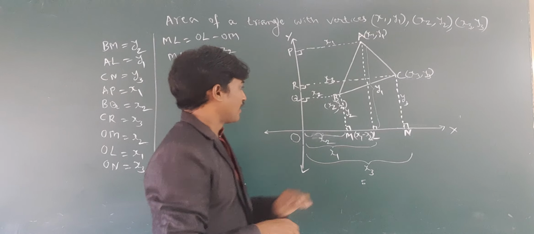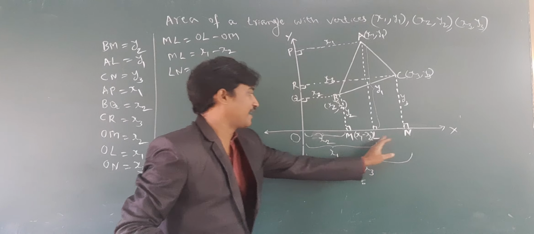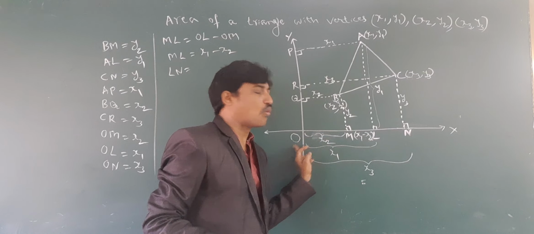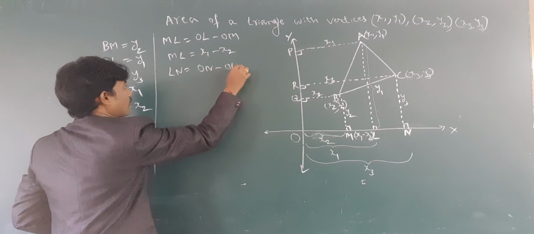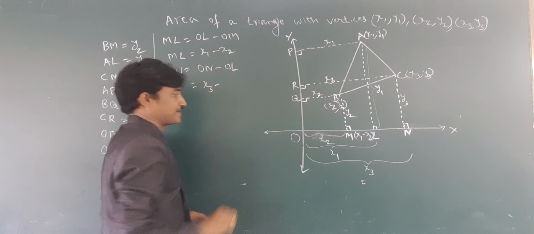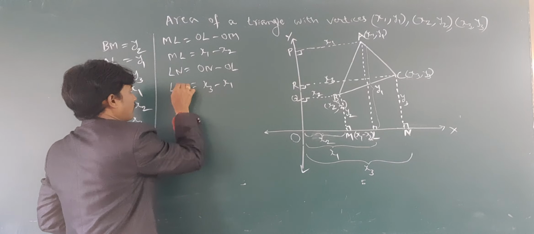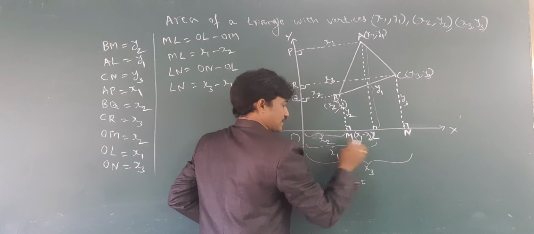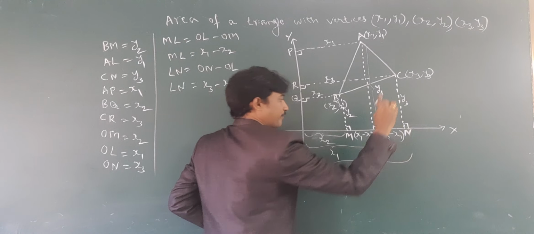In the same manner, LN is ON minus OL. ON is x3 and OL is x1, so LN is x3 minus x1.